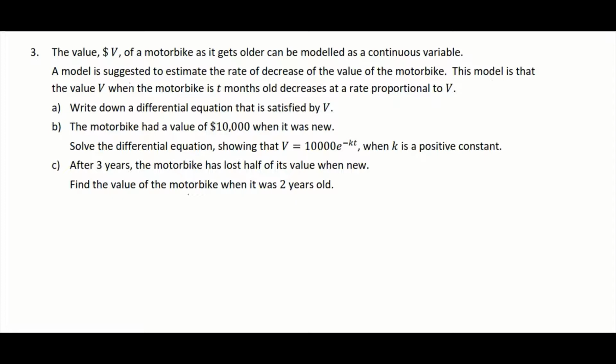This model is that the value V when the motorbike is t months old decreases at a rate proportional to V. From this sentence, you'll be able to get your first information, which is dV/dt, the rate of decrease, is proportional to V.